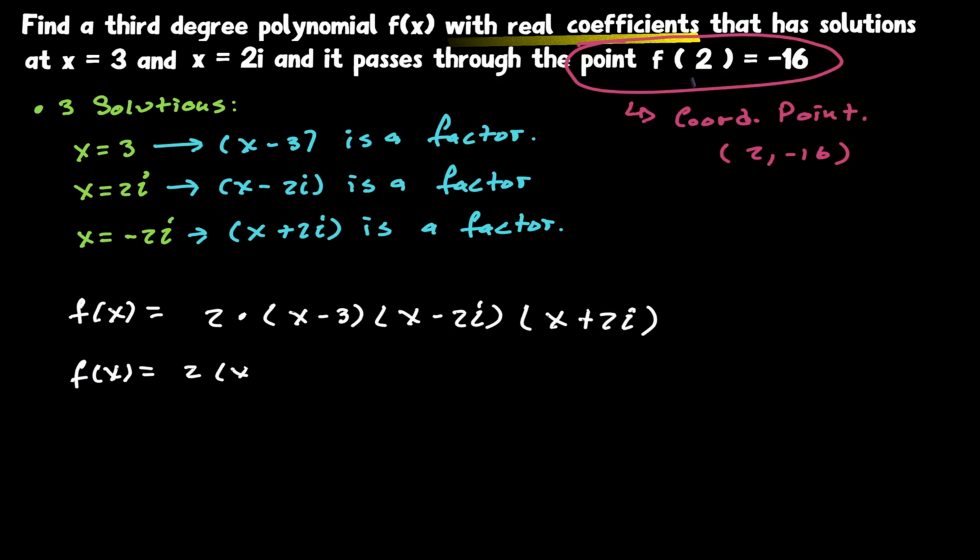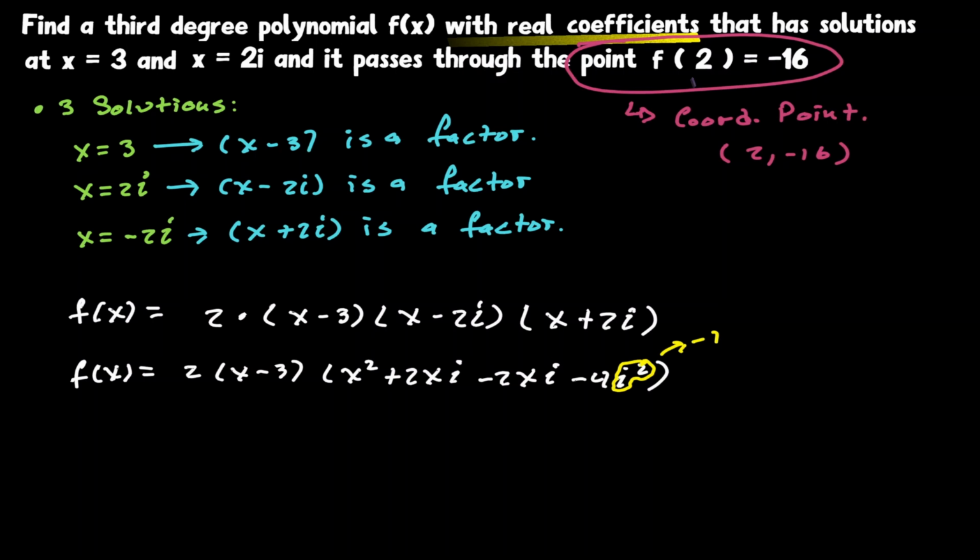So let's bring down x minus 3. And now let's distribute x times x, that is x squared, and x times 2i, so that's 2xi. Distribute the next one, negative 2xi. Distribute the next one, negative 4i squared. One more time, here we have the expression i squared.